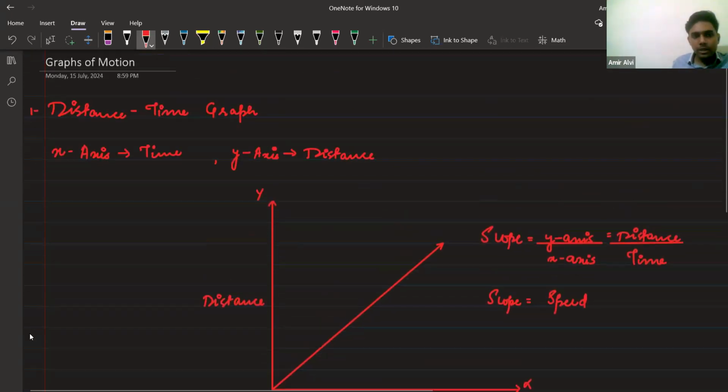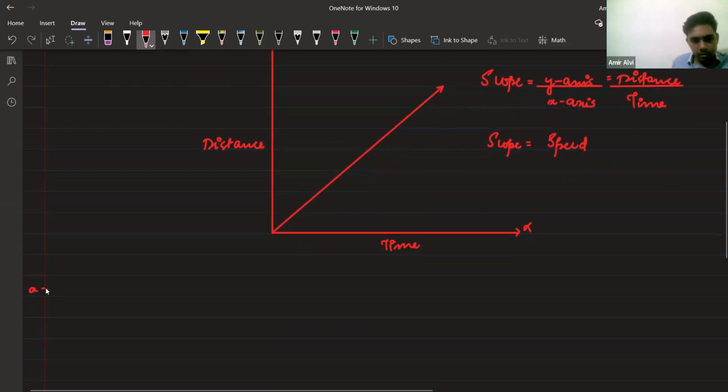So this graph is used to determine the speed of a moving body.